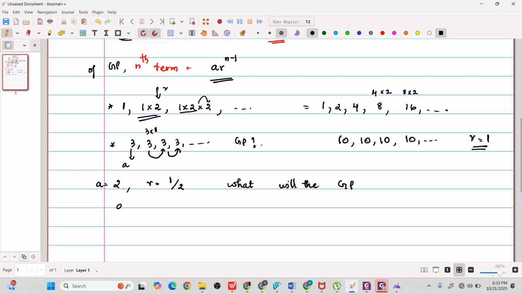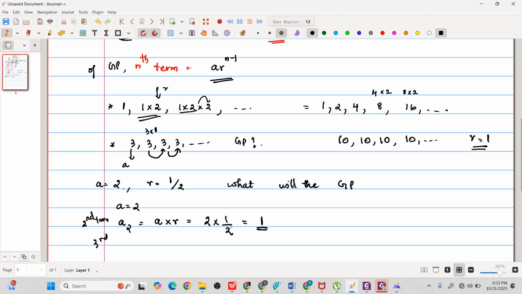So the first term is given as 2. Then the second term, which is represented by A2, is obtained by the first term into the common ratio. The first term is 2 and the common ratio is 1 by 2. 2 and 2 will cancel out and the answer will be 1.